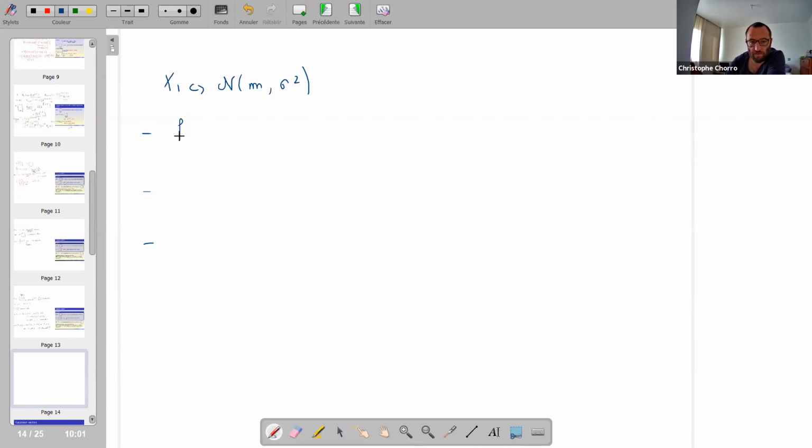First, that I am able to know the density function, this classical expression here. And of course, my sigma square has to be different from 0 if I want to write this.